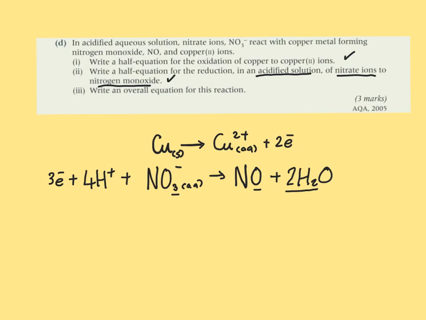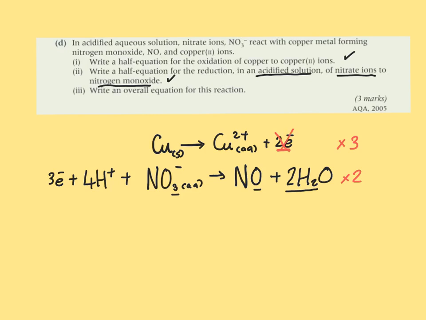Now we can see that this half equation is giving up 2 electrons. Our reducing agent is giving up 2 electrons, whereas our oxidizing agent needs to take 3. In order to balance up the electrons, we need to multiply the reducing agent by 3, and we need to multiply the oxidizing agent by 2 to give a common number of electrons.